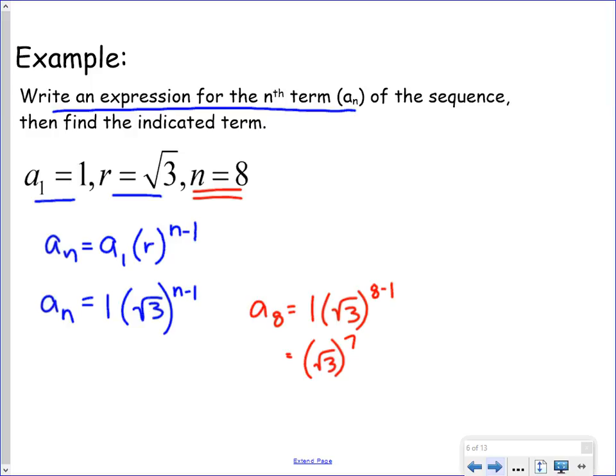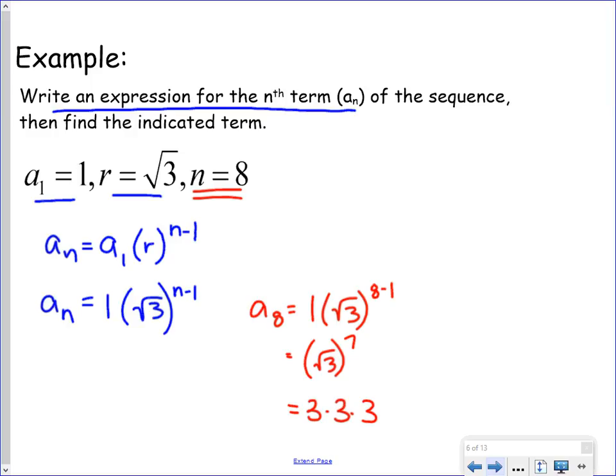To avoid a decimal answer, I'm just going to think about what I know about the square root of 3. If I multiply the square root of 3 times another square root of 3, I'm going to get 3. So I'm going to think about, if I were to write out 7 square roots of 3, how many pairs would I have? I'd have actually 3 pairs of the square root of 3, so that's going to be 3 times 3 times 3.